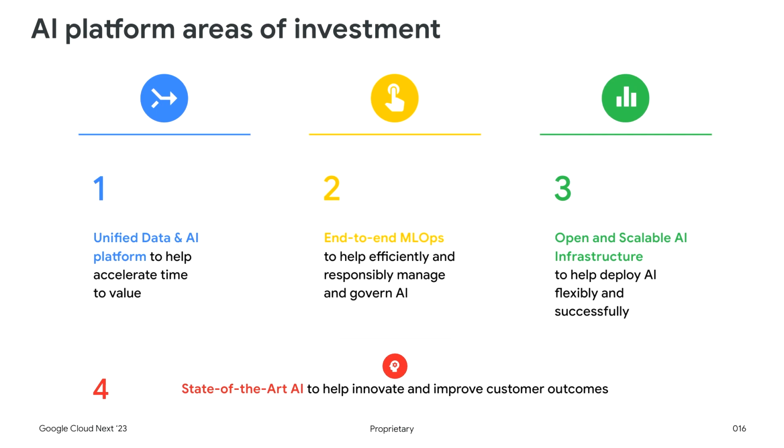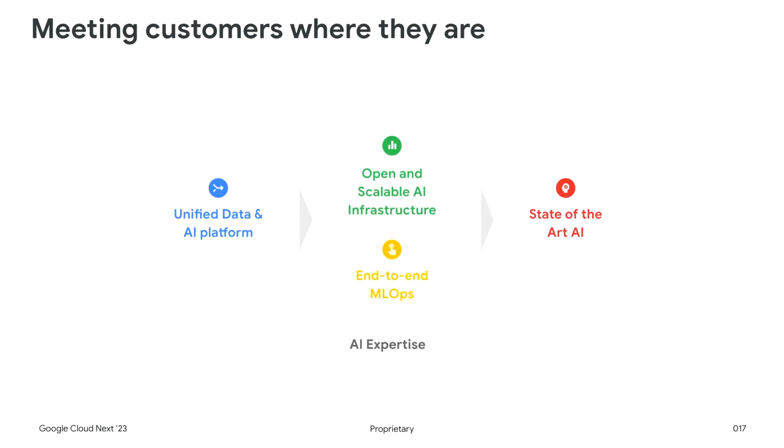And we are continuing to build out and invest in this platform in 4 key areas: the data to AI experience to accelerate time to value, the whole managed end-to-end MLOps experience to govern AI, scalable and open infrastructure, and lastly, providing state-of-the-art AI to help customers innovate. No matter where you are in your AI journey, you can find something useful in Vertex AI.